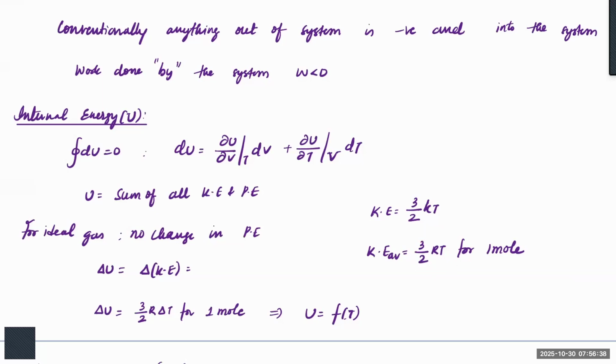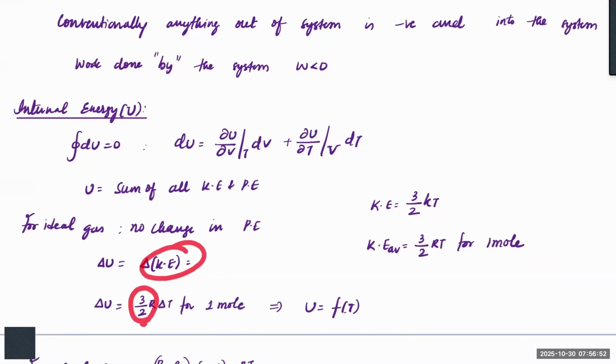So any change in the internal energy, because there is no potential energy change, we can say only kinetic energy is changing. So the kinetic energy change can be written as 3 by 2 R into delta T. So we can say internal energy is a function of temperature.